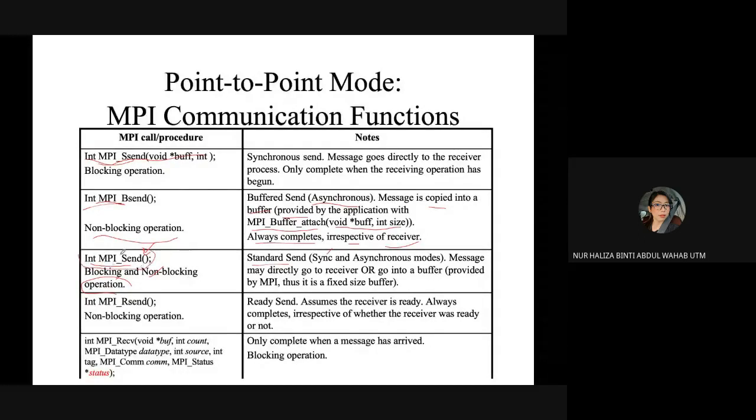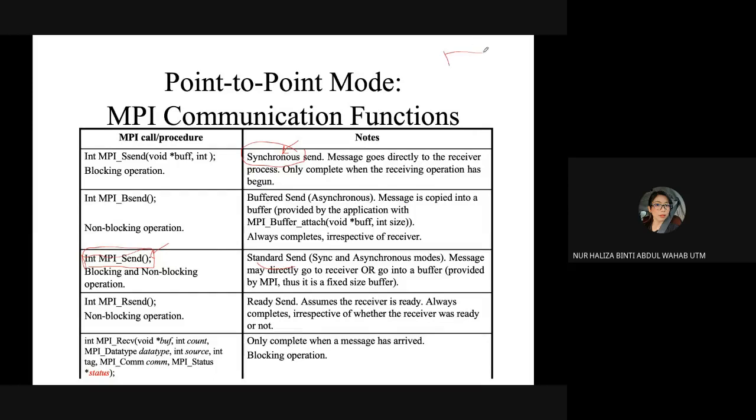If you just use this one, maybe I give you a hint, maybe you don't know or you forgot what command to use for synchronized. So you just assume to use this command, because this one can be applied for both. That's why it is a standard send.